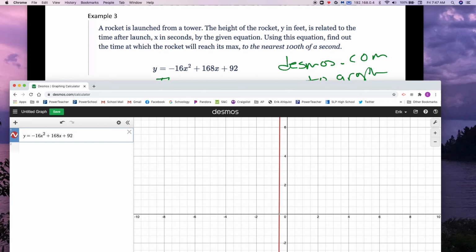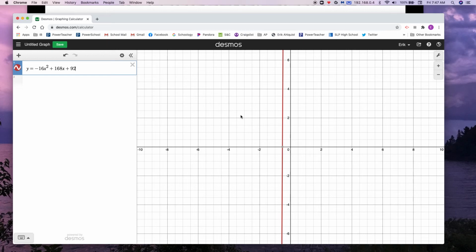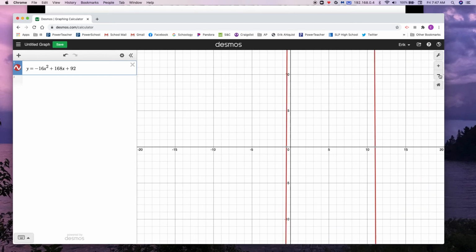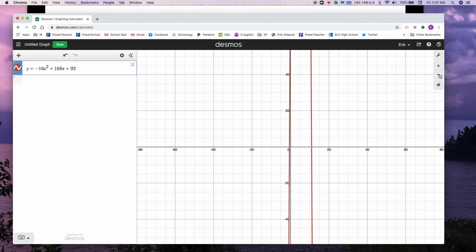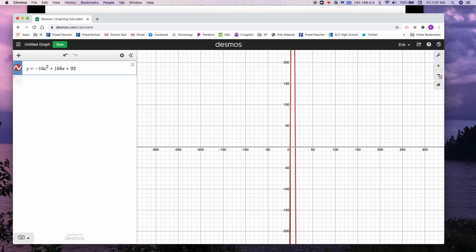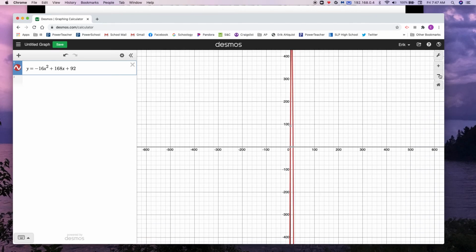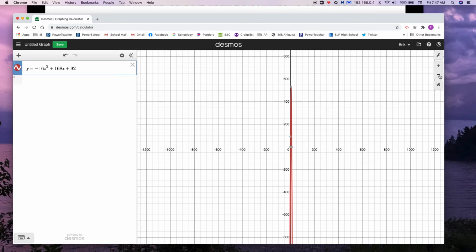So look, then I get this graph right here. And you go, wow, I don't see anything. You can use this little out arrow and you can get this rocket goes really steep. Now you look at it and you go, wow, that's not really helpful.